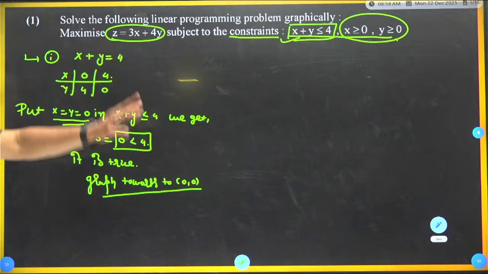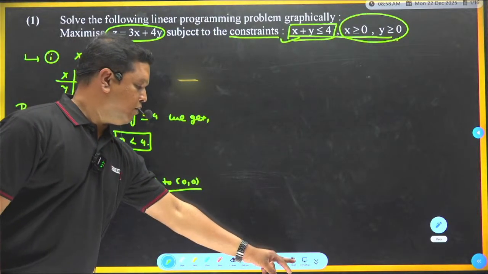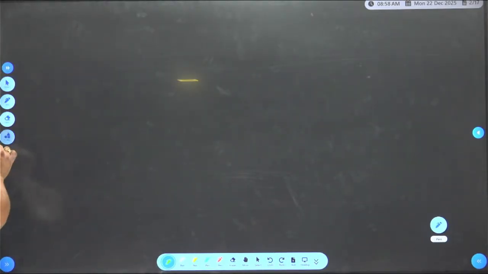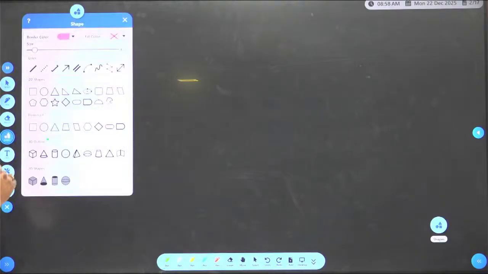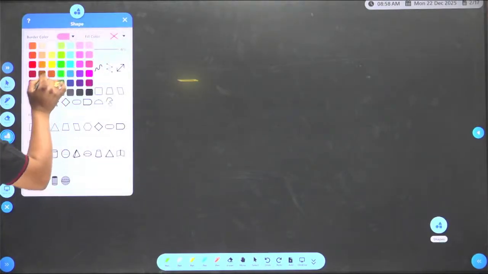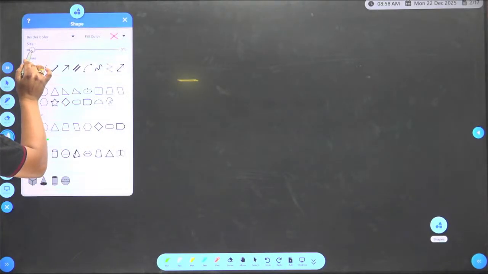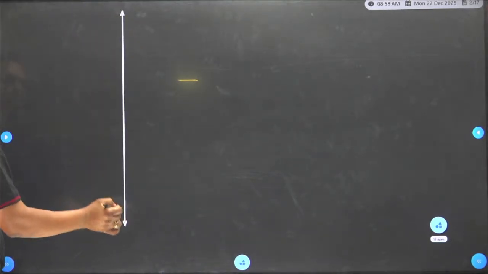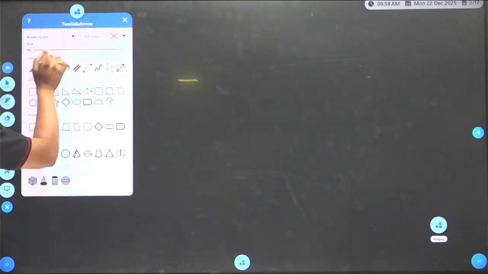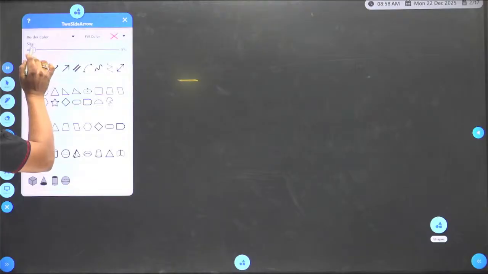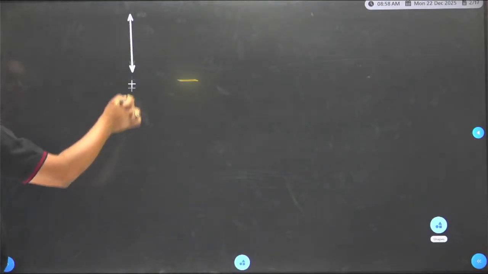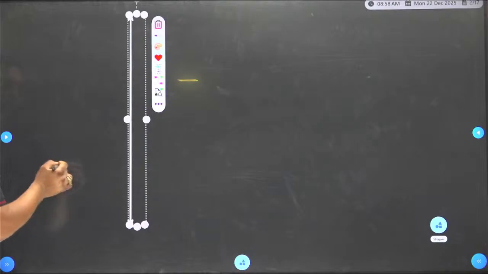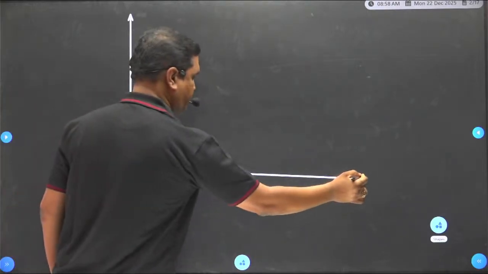Now let us draw the graph. That is the x and y axis.